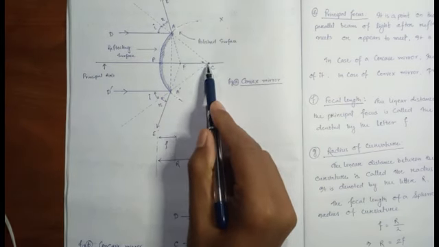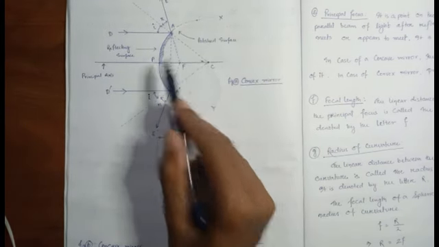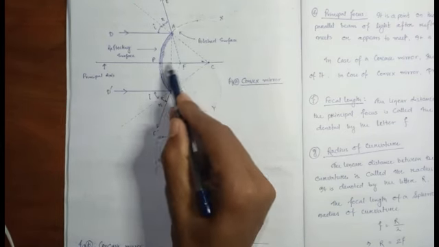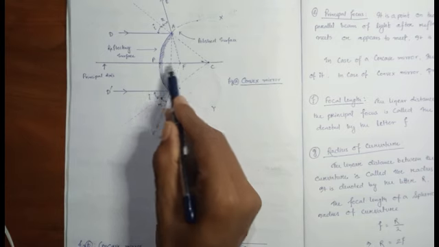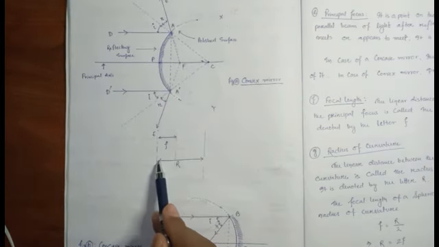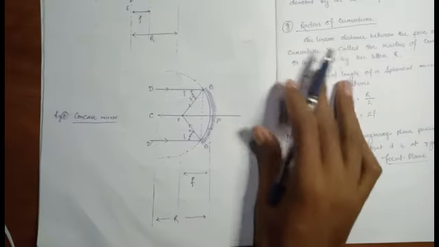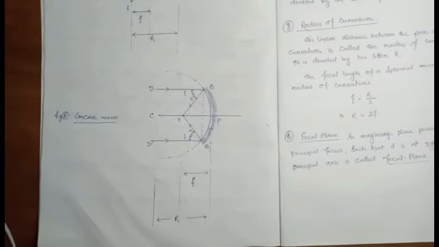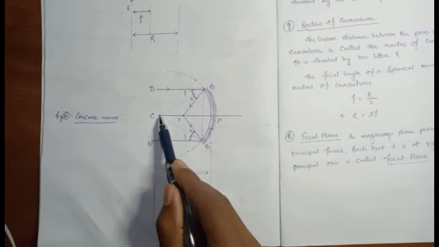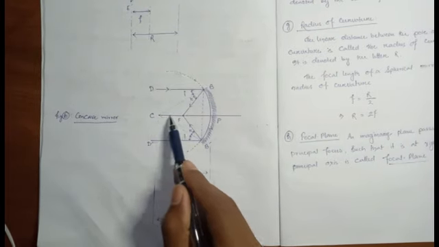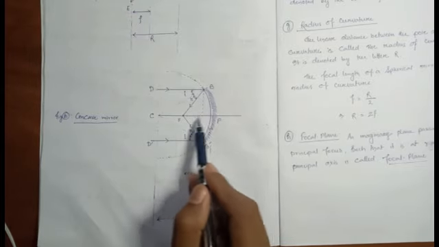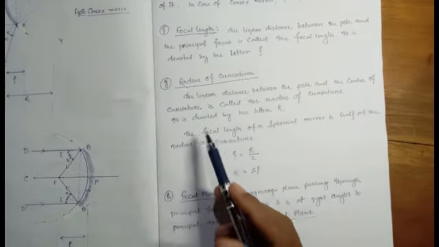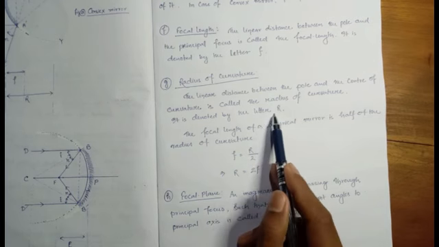The linear distance between pole and center of curvature, this distance is called what? The radius of curvature. Okay, so you can see from pole to center of curvature is R. And in this figure you see this is your center of curvature and this is your pole. The distance from center of curvature to pole is called radius of curvature. It is denoted by letter capital R.